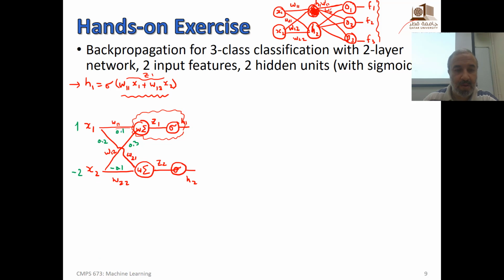From X1 I wrote W11, W12, instead we have W11, W21, so I got confused. I did it because this is usually the terminology used in textbooks, that we start from the destination of the link. If you think about it, this is because we are talking about the weights going to this node. So weights going to node number 1 start with 1. So we said that this will be -2, right?